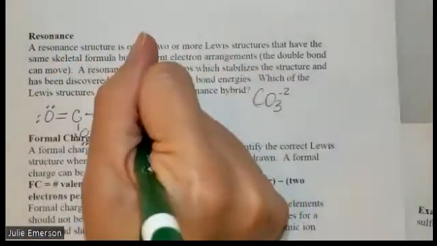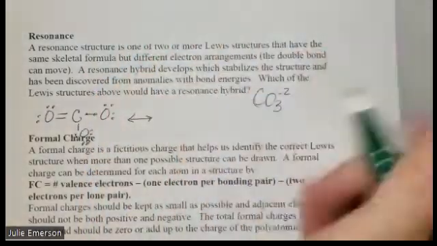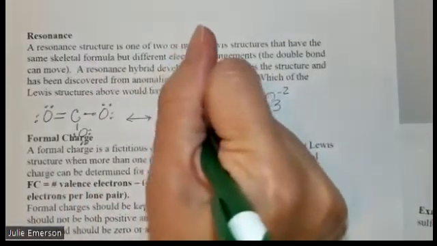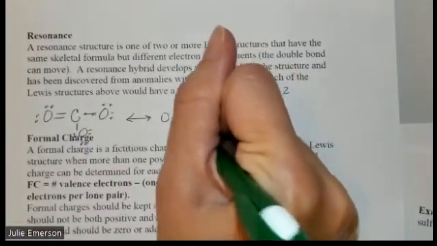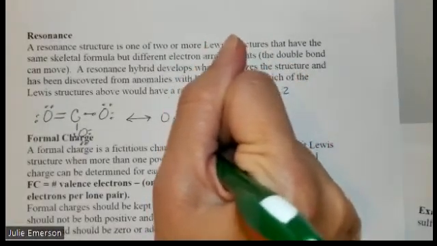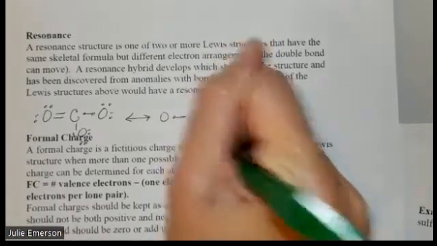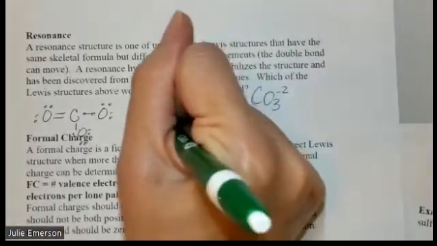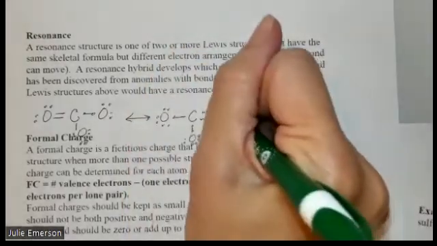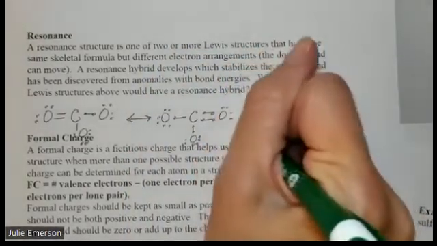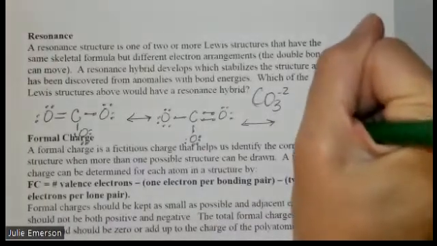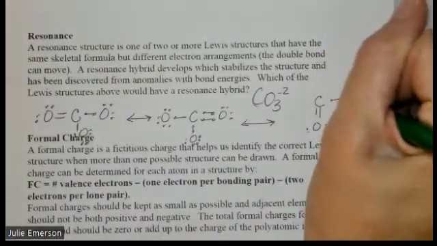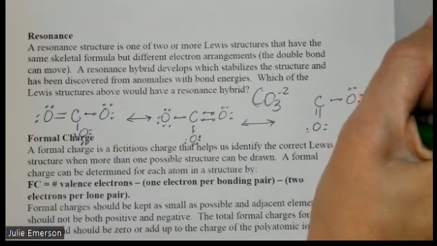Then for the resonance, we could show instead the single bond on the left and the double bond on the right. Another possibility is that you could draw the double bond on the bottom. All right, kind of messy. Sorry, I should definitely have left myself some more space.